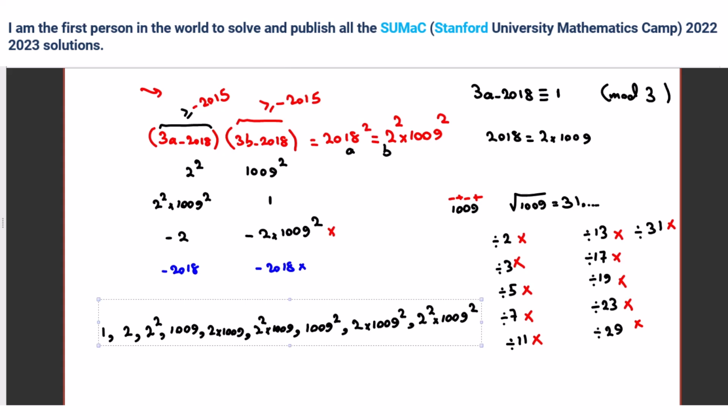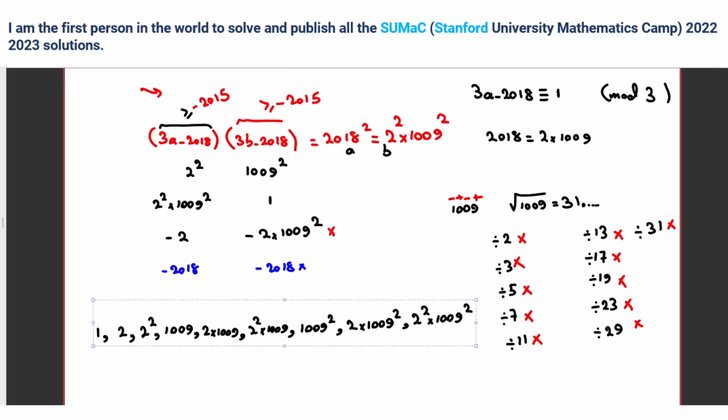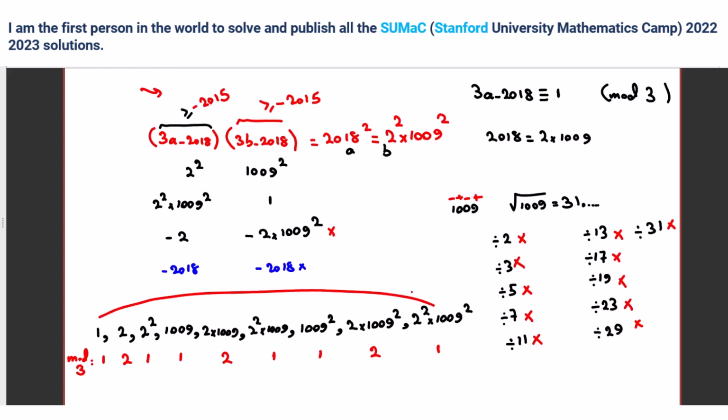Now, let's consider these numbers mod 3, okay? If we consider mod 3, they would be what? 1, 2, next one is 1, this one, 1009. What is this one mod 3? I think 1. Next one, 2, right? 2, 1, 1, 2, 1, okay? So when we say this times this, it is good. It is one case. This times this is bad.